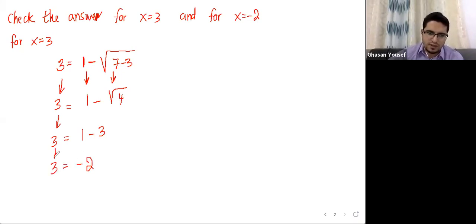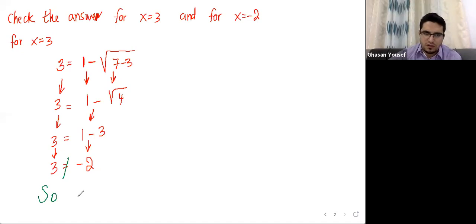And this is not correct. The 3 is not equal minus 2. Is the 3 equal minus 2? No, this is not correct.